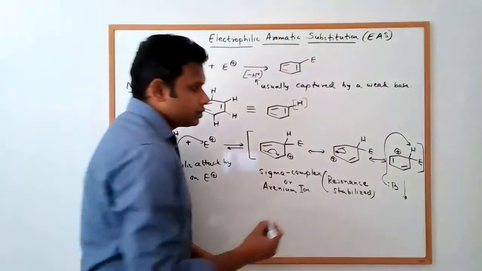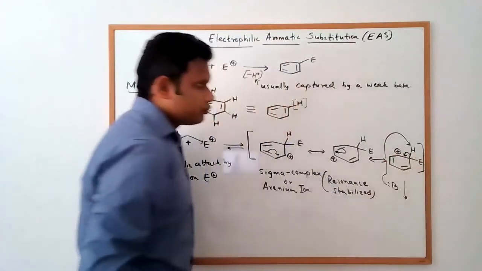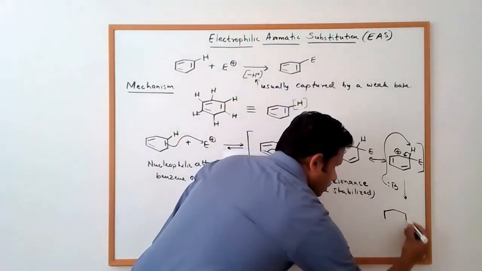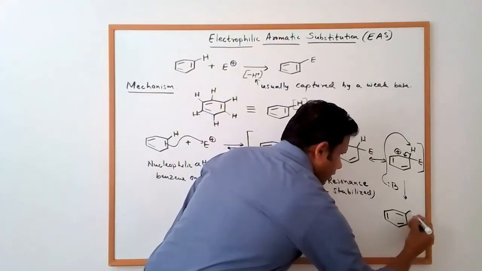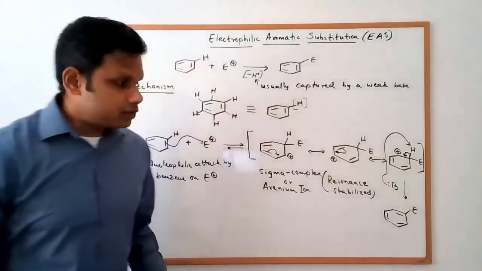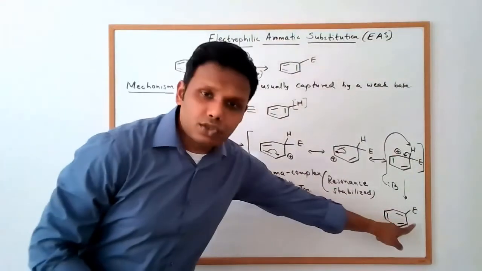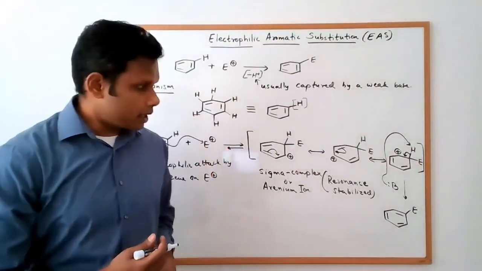And as that hydrogen is deprotonated, the electrons from this bond fall into that space. And this would give us the product where the hydrogen in the benzene has been substituted by the electrophile that we used in the reaction.